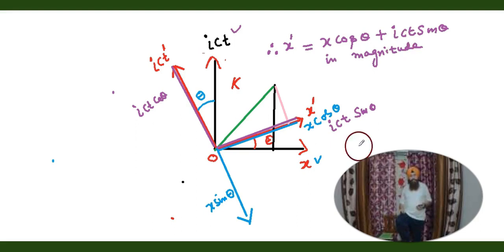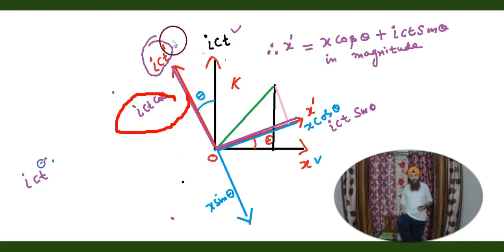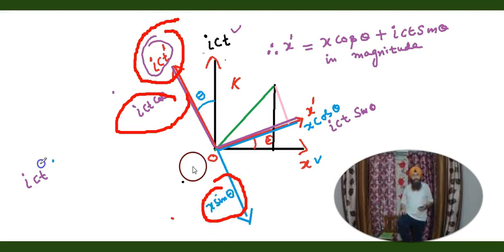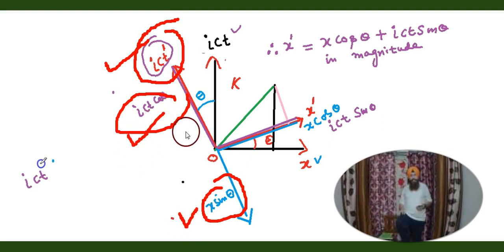Now similarly, we find one thing here: this component plus this one is equal to iota ct cos theta, or again I can say ICT dash equals this component minus this component, because these two components are opposite in direction.